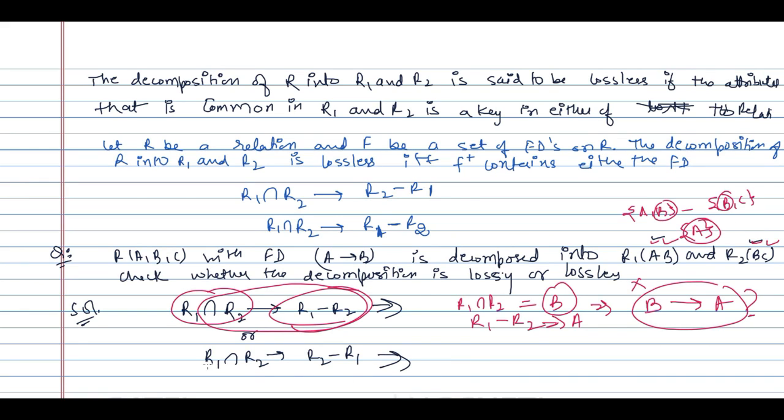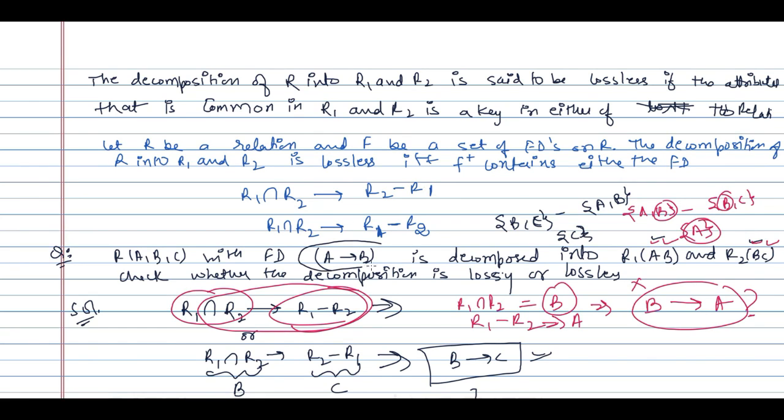In the second case, R1 intersection R2 is B, and R2 minus R1 is B, C minus A, B, which gives us C. So this means B determines C. Is B determines C a functional dependency here? If it is, then the decomposition is lossless. But from the given functional dependencies, B determines C cannot be inferred. Therefore, this does not exist.